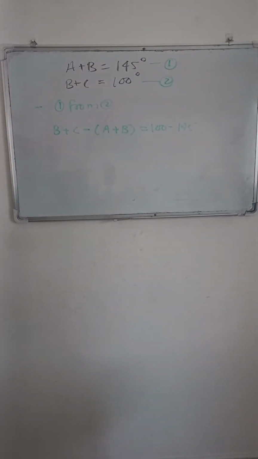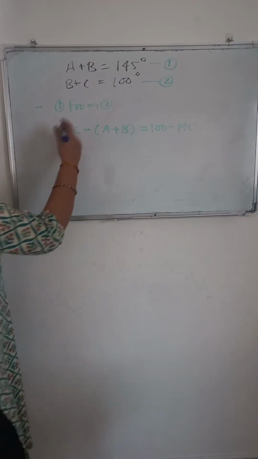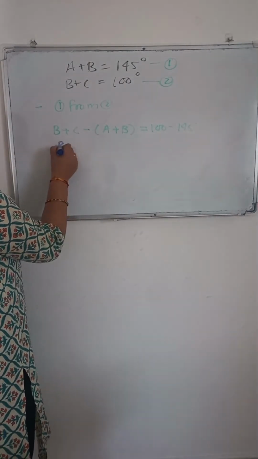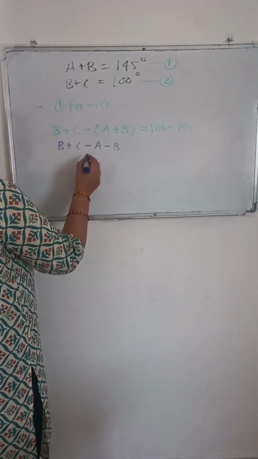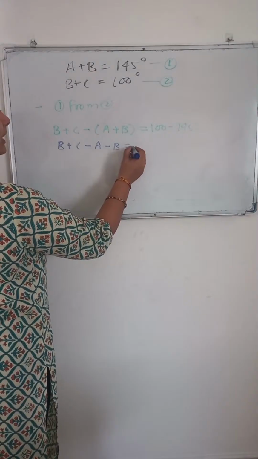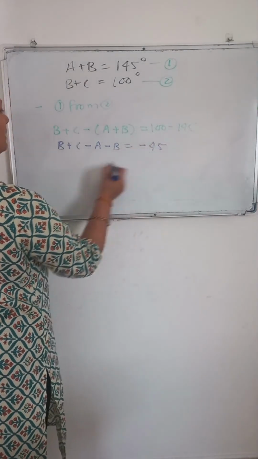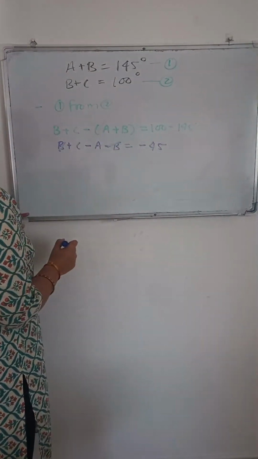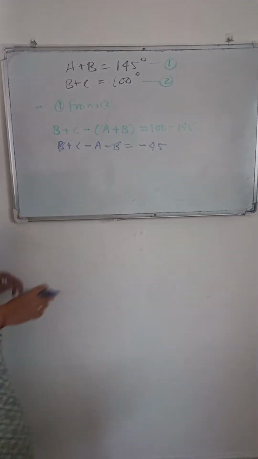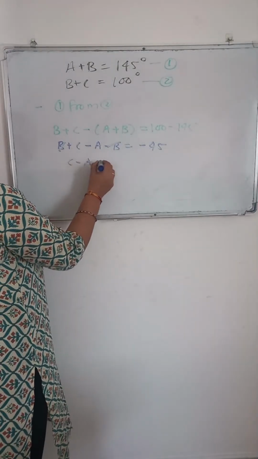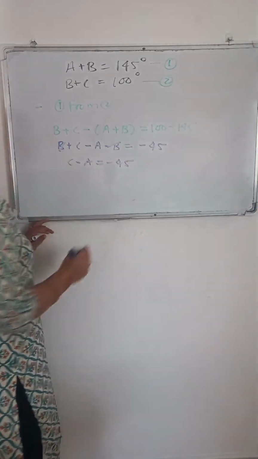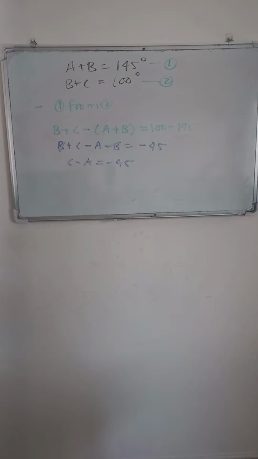The minus sign you can transpose inside: B plus C minus A minus B. And here we will get minus 45, and the negative B and B get cancelled, and you will get C minus A is equal to minus 45. So A minus C is equal to 45.